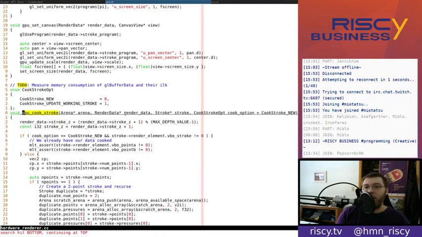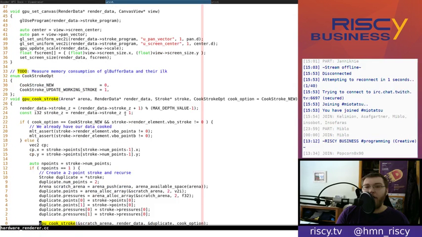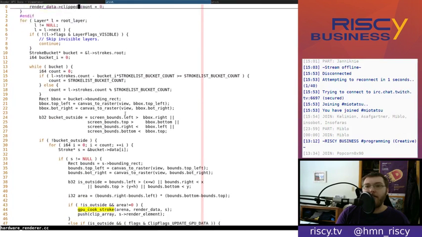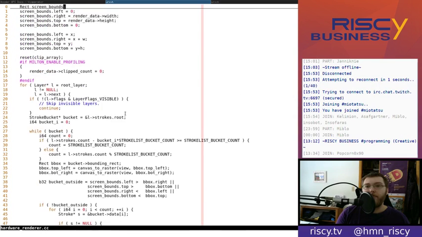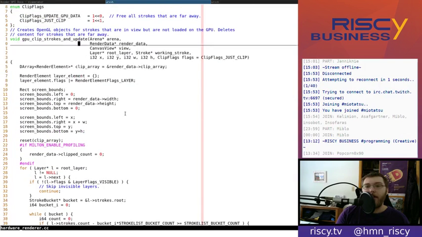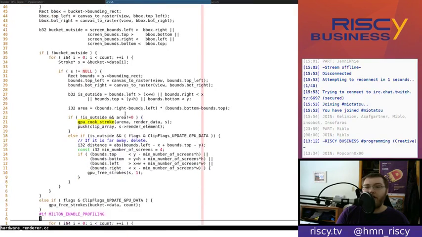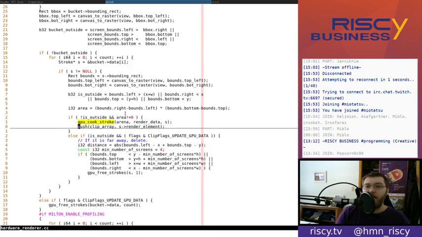Now, I need to remember why I was looking at that. Where were we that we were looking at that? Was it this? Yeah, this is the clipping stuff right here, isn't it? So I saw after we did the cook stroke, there was this push clip array thing.